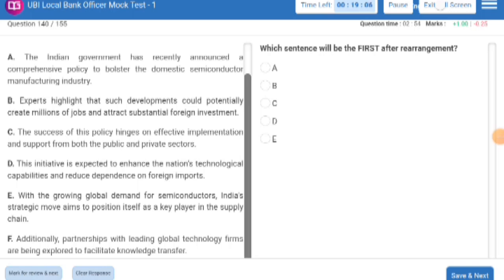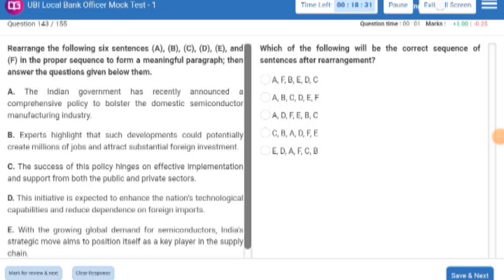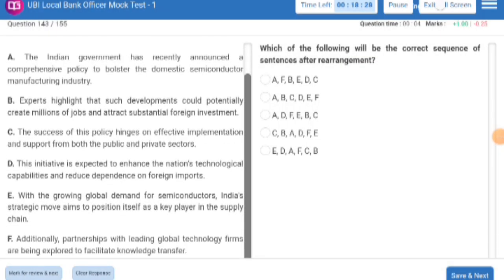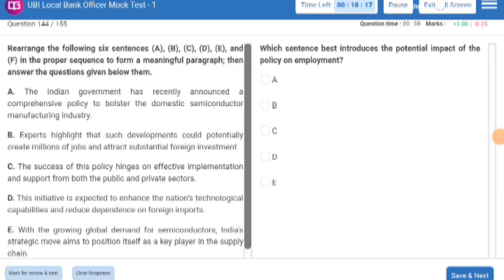I think E. A and D. So AD, ADF, E, BC. ADFE, BC.